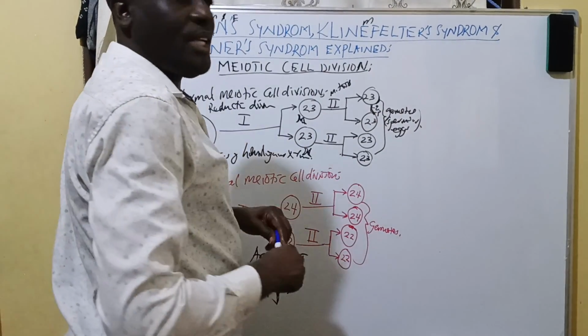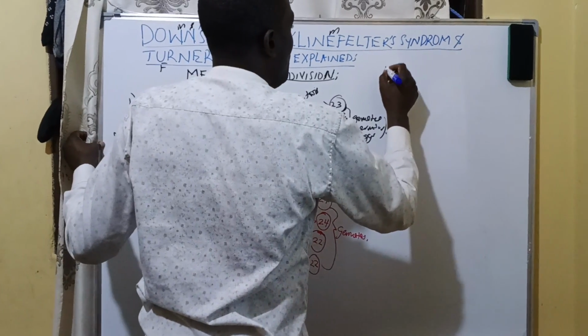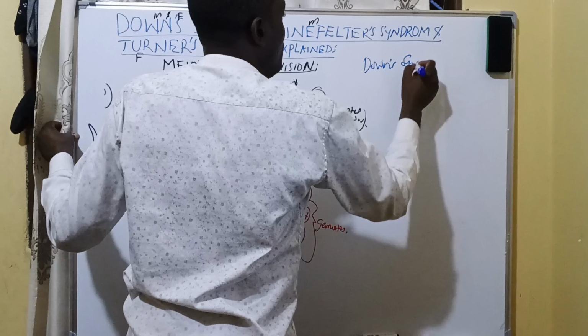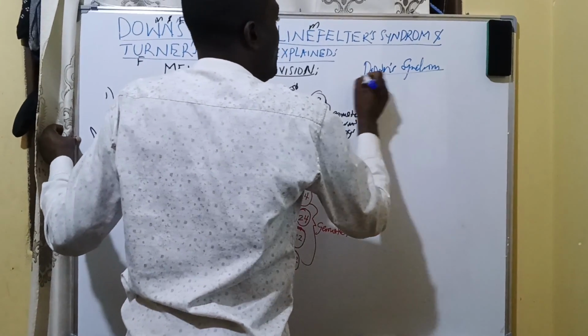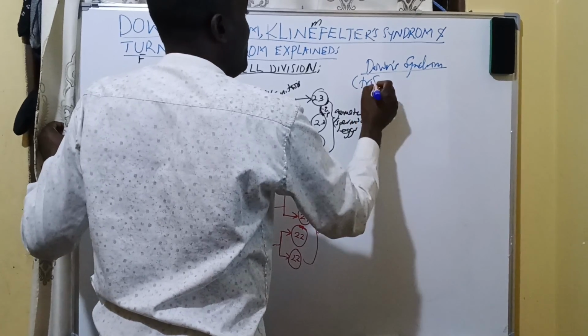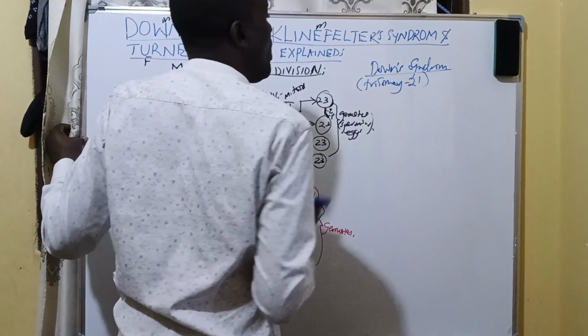Now, let us talk about Downey's syndrome. How does it arise? You can also call it trisomy 21.